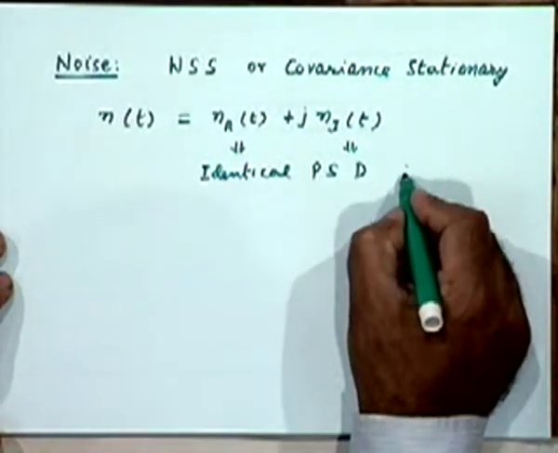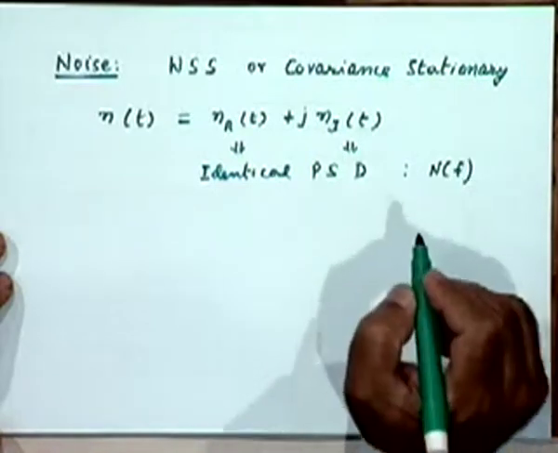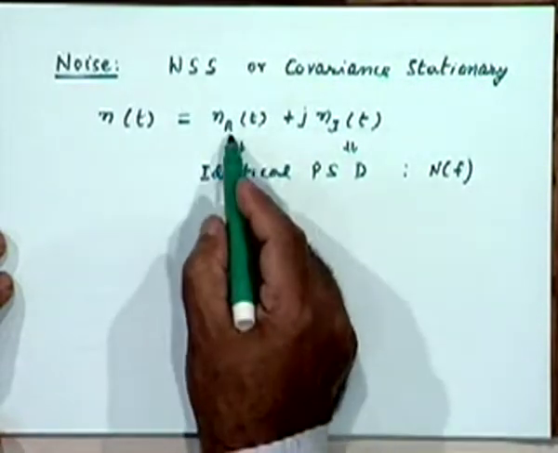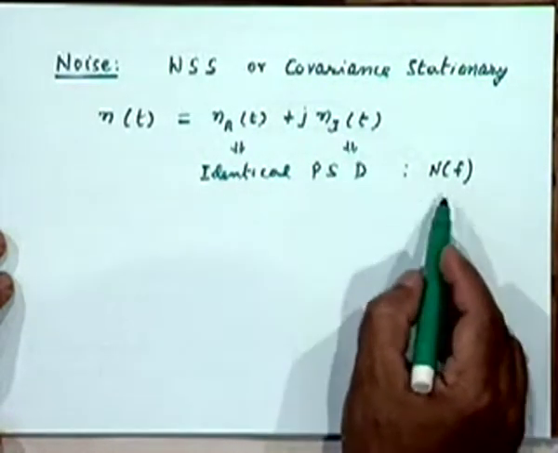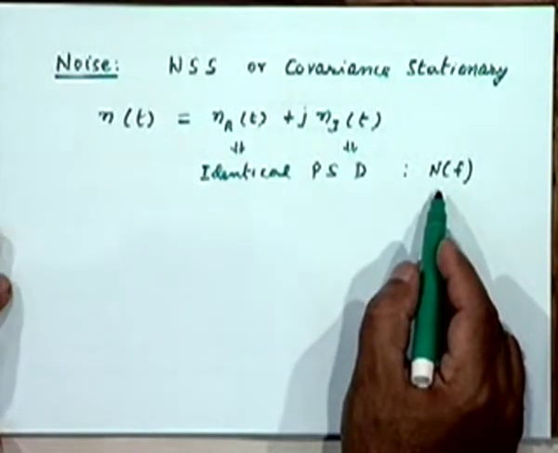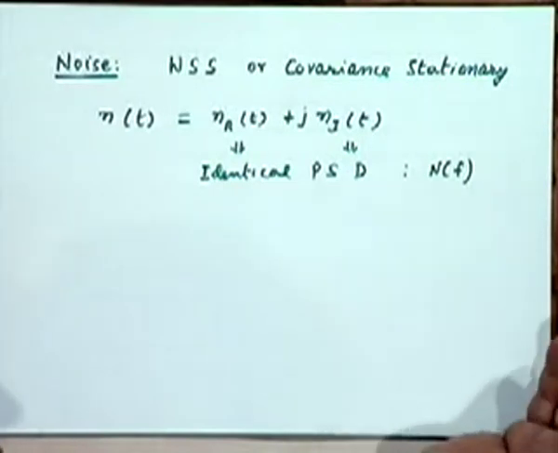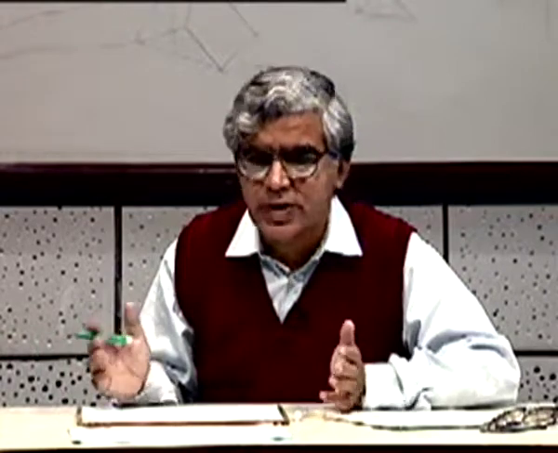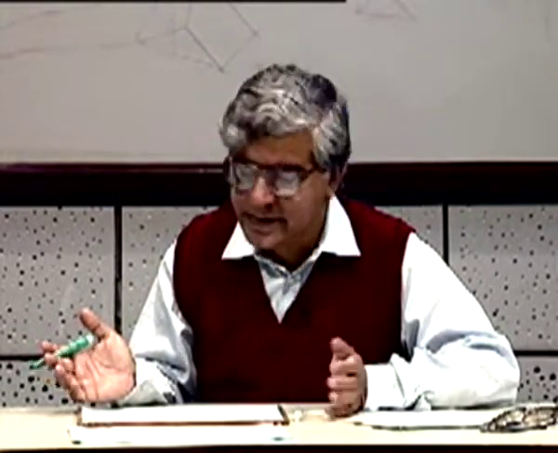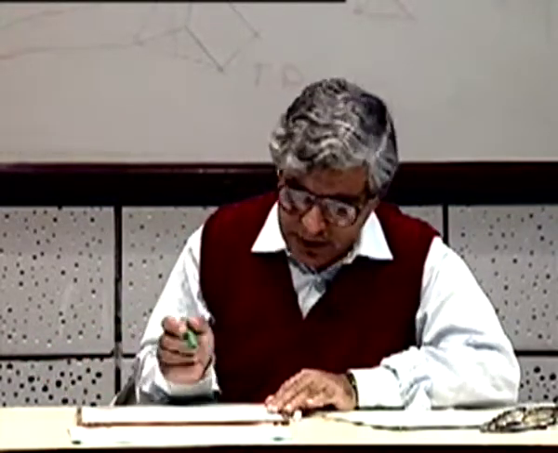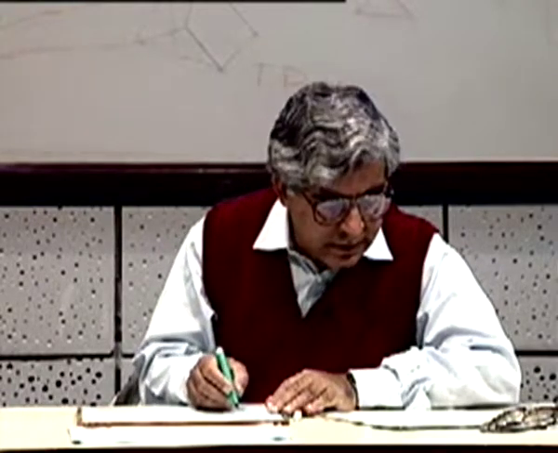Let us call them each N(f). n_R(t) as well as n_I(t) both have the same power spectral density function. That is, the real and imaginary components have the same kind of power spectral characteristics. It is a fairly reasonable assumption for most kinds of noise encountered in real life.